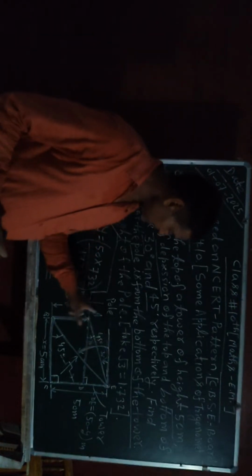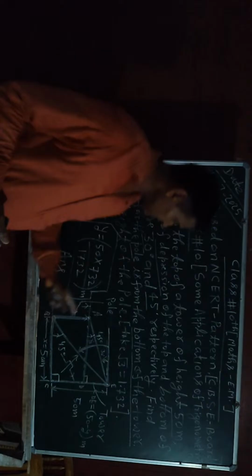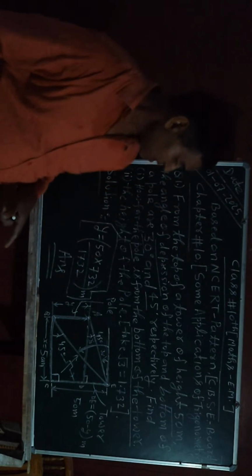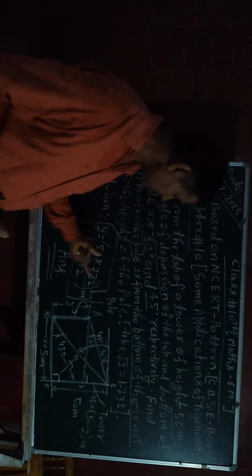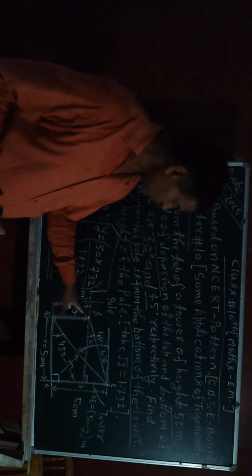Now I have considered the triangle ADE, and then I have got one linear equation in two variables x and y, and then I have put in the value of x, and then I have got the value of y, which is equal to this much. When I simplify it, I will get a particular, unique value, and that unique value will be the height of the pole, and that is the requirement. The height of the pole we have calculated from the given information. First of all, I have drawn the diagram. Okay, student.